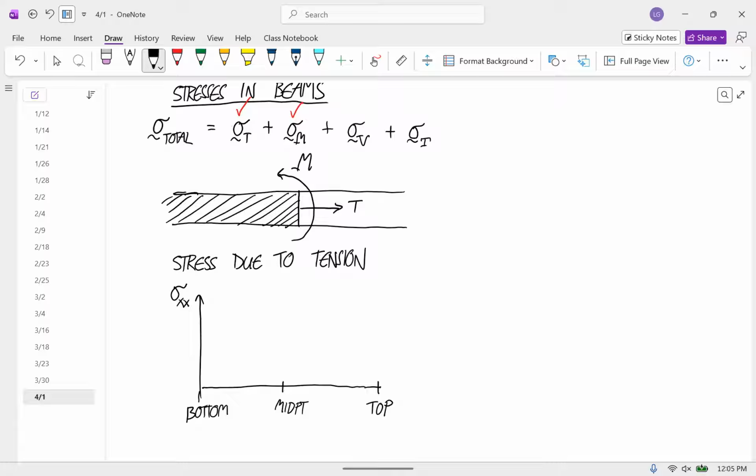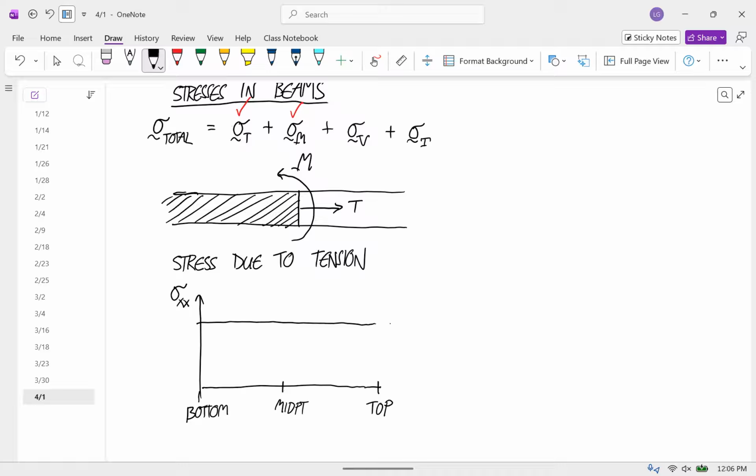Understanding these graphs is important. They're simple graphs, but you should understand what I'm getting at here. There's no difference due to tension compression as you go from the top to the bottom. The stress is the same everywhere along that cross section. So this would look like this.